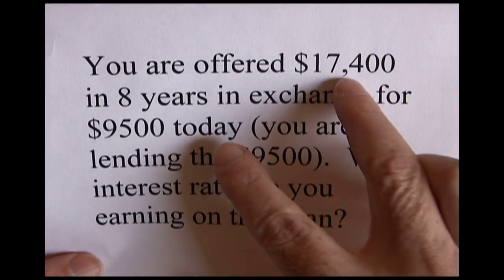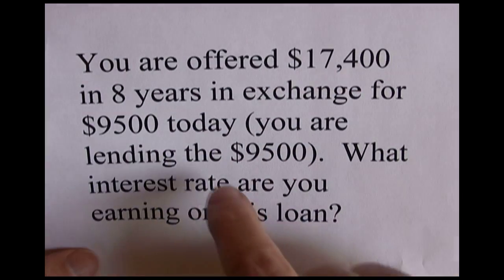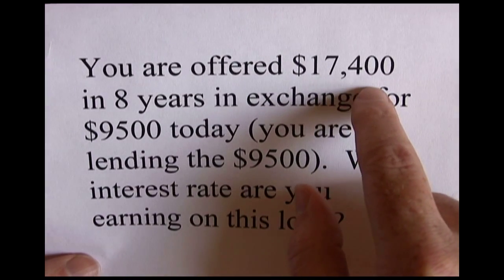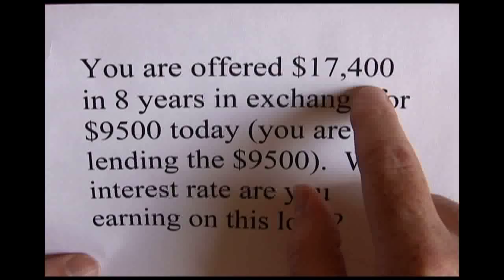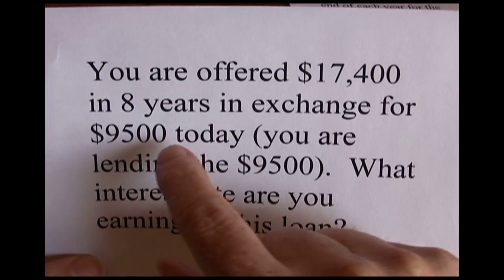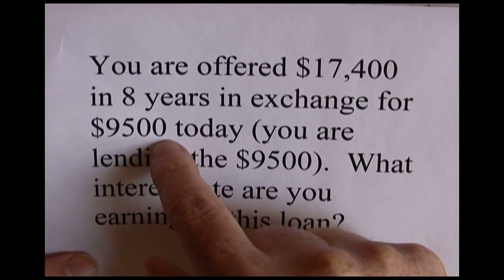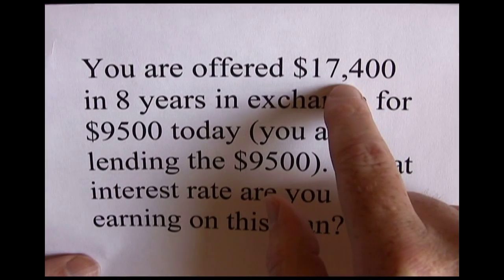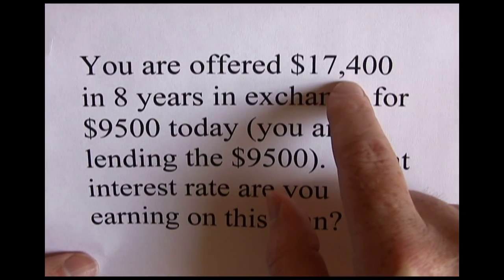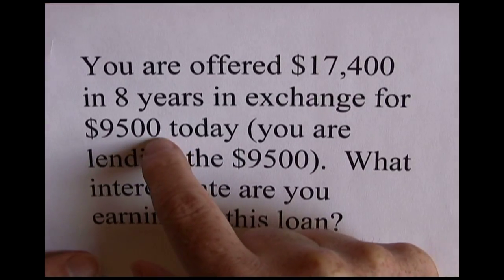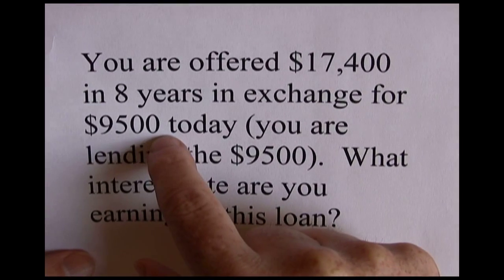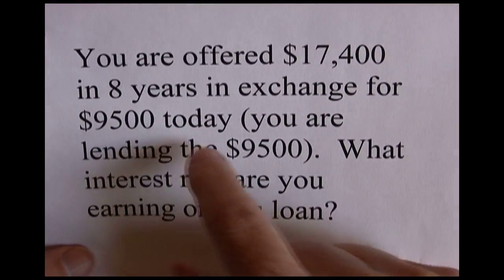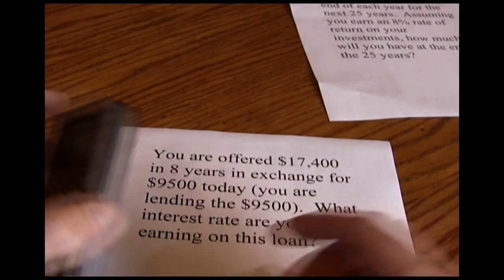And if you put both of these in as positive, the calculator thinks you're getting $9,500 today and you're getting $17,400 in the future. Instead, you're actually giving up $9,500 today. You're giving that money away so that you can get $17,400 in the future. So we're going to have to make this $9,500 negative to reflect that it is a cash outflow and not money we're going to be receiving.